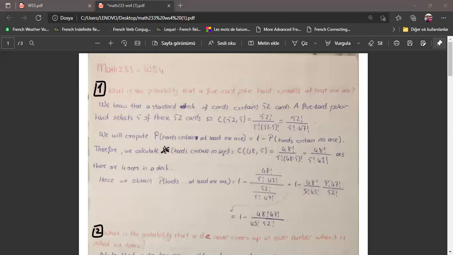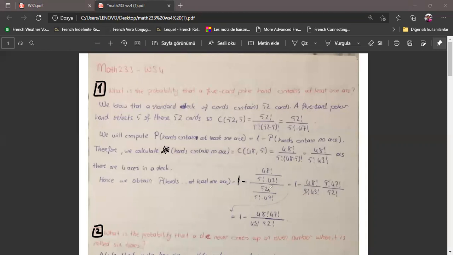Now, what's the probability of hands that have at least one ace? We subtract this probability from 1, so we have 1 minus the probability of this. We found the number of hands containing no ace, which is this, and the probability of that is over the whole outcomes, the number of all events, which is this.